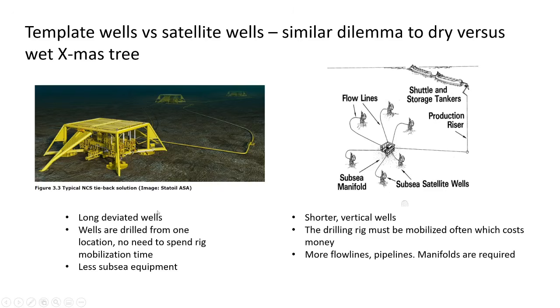In the satellite wells, they can be shorter, vertical wells, for example, but the drilling rig has to be mobilized between them often. You also need more jumpers, flow lines, and pipeline, and an additional subsea manifold. So it's a trade-off between these two things.